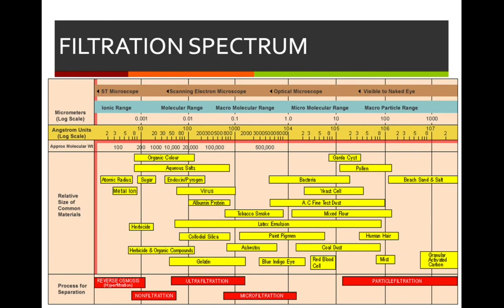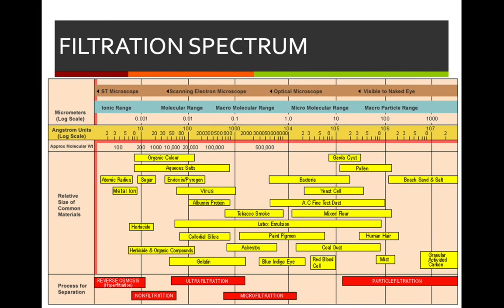At 1 micron, it is considered a loose microfiltration, and at 0.1 micron it overlaps with ultrafiltration. We call it a tight microfiltration, while for ultrafiltration we call it a loose ultrafiltration, where the pore size is much bigger, almost similar to microfiltration. You can study this further later on the filtration spectrum.